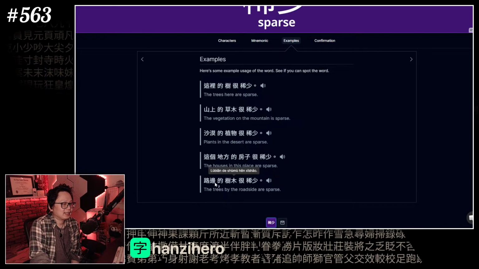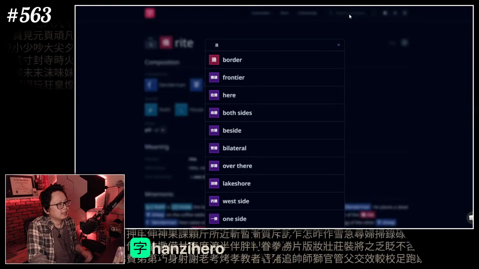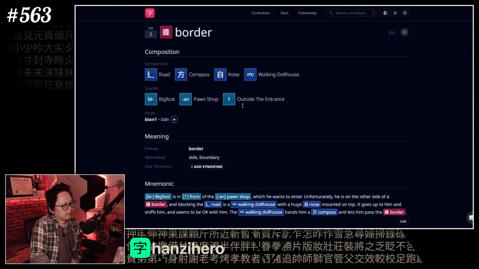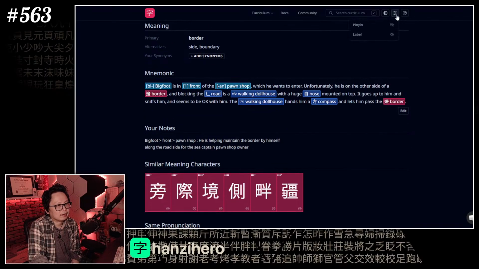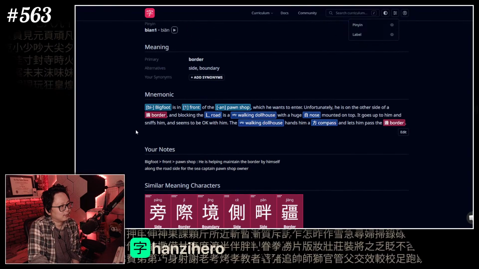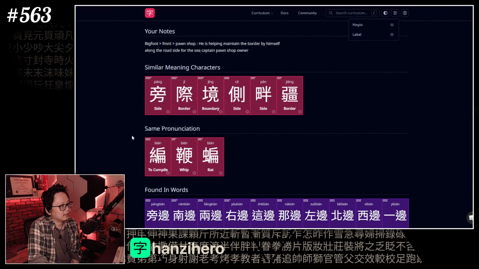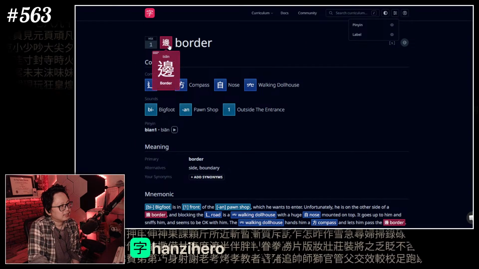Oh no. Here's how to explain that. So we have 边, right? This is 边 for the border. However, you also have multiple ways to say border. So 旁 is the other one. And it doesn't use quite the same, so the character 旁 is in 边.